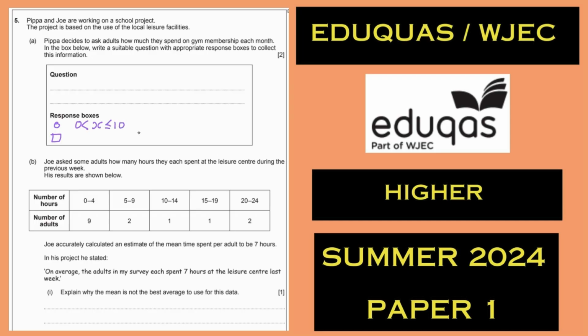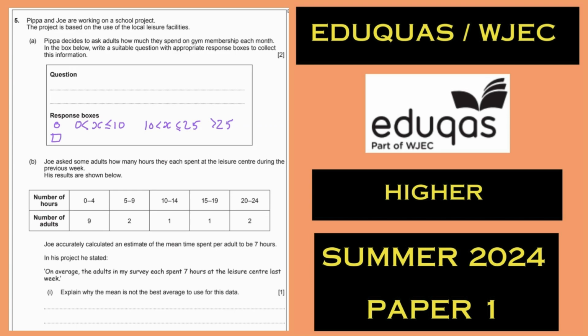Now you could do that as 15 or 20, no one really cares. Then I've gone for an above 10 to 25, and so anyone paying £25 would be in that group, and then greater than 25. So it means I've got no overlap, but also I've covered all possible options.